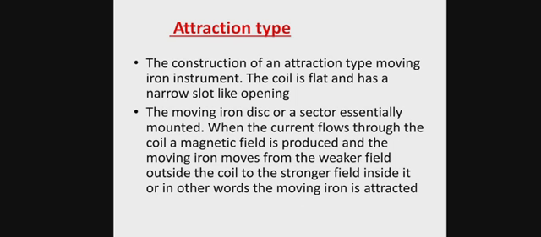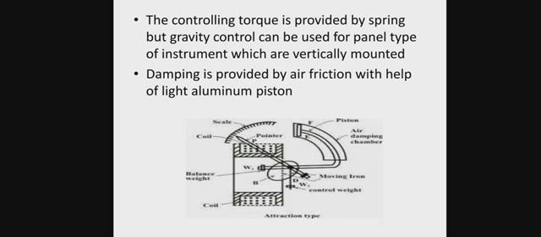A pointer is attached to the spindle which moves on a calibrated scale. The controlling force is obtained by a gravity control system. The damping force is provided by air friction with the help of a light aluminum piston attached to the moving system.